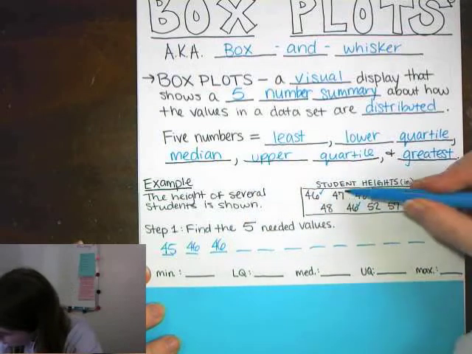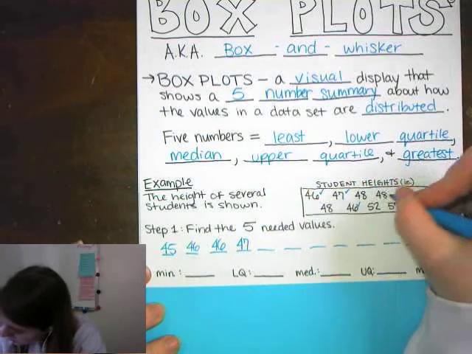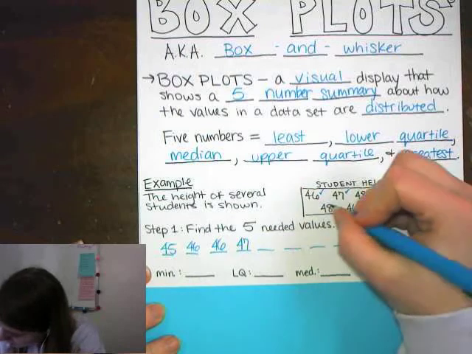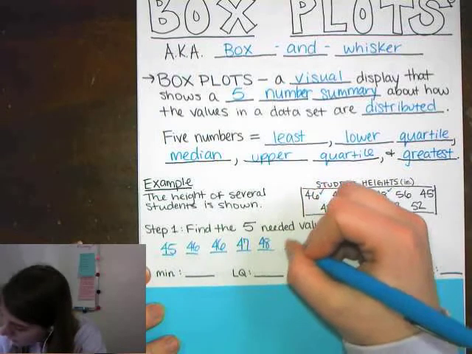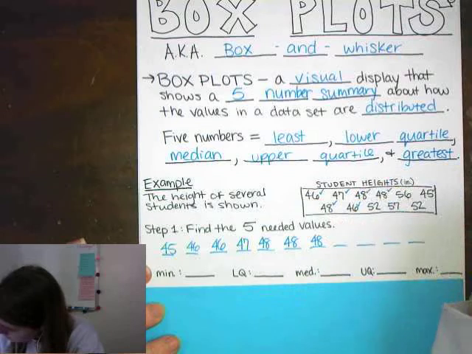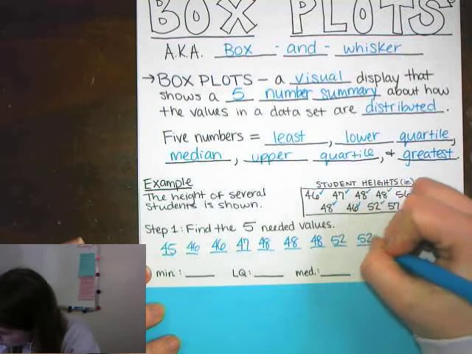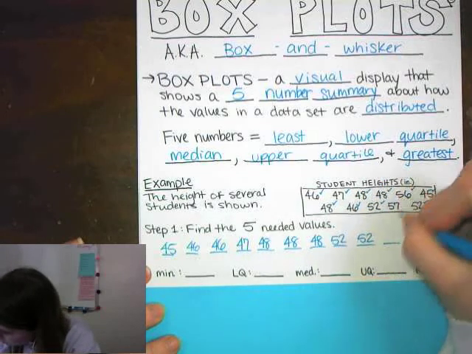Okay, we've got a 47. We've got 3 48s, so that would be called the mode. Good. 2 52s, and a 56, and a 57.